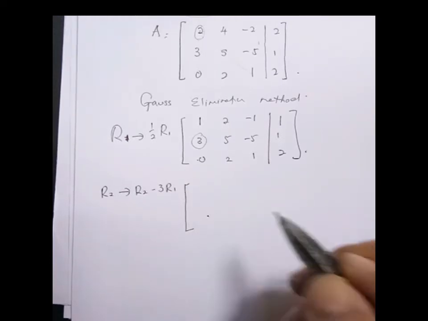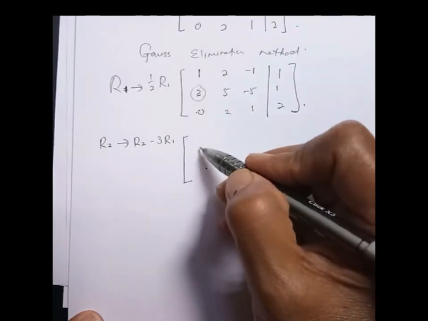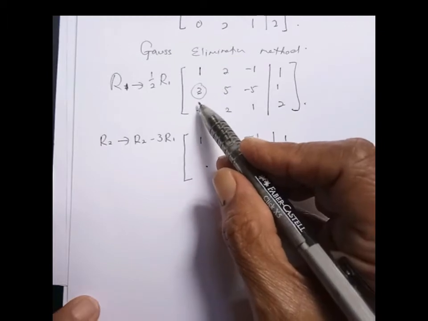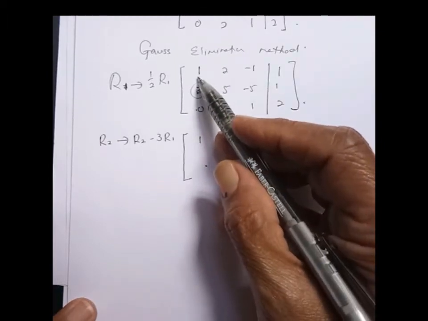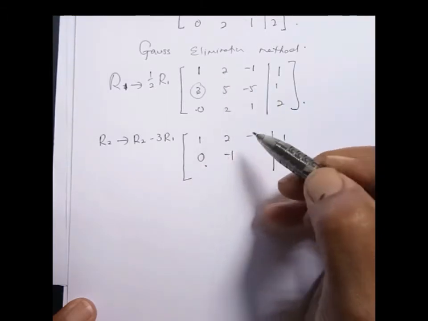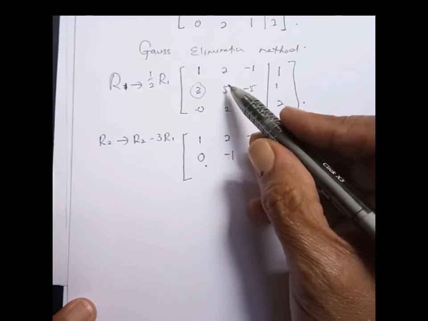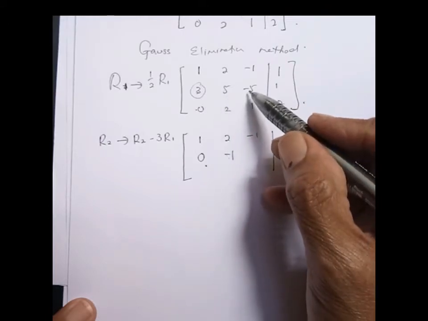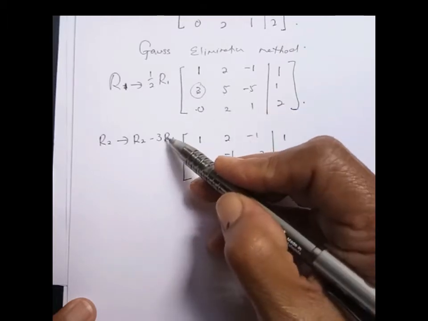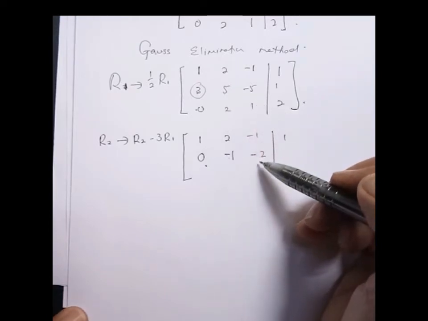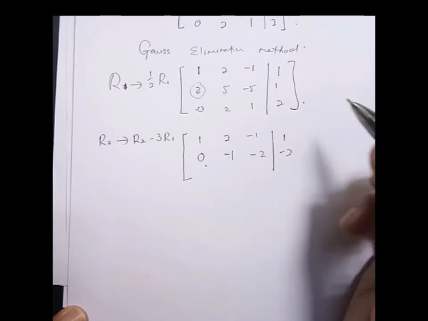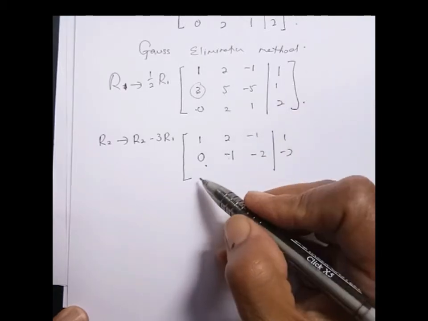Row 1 remains the same, so row 2 will be changed. 3 minus 3 row 1 is 0. 5 minus 6 is minus 1. Minus 5 plus 3 is minus 2. 1 minus 3 is minus 2.